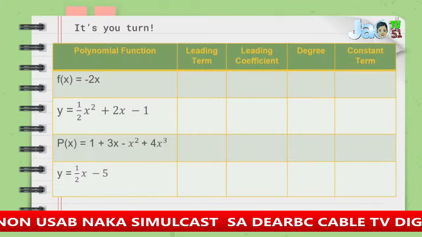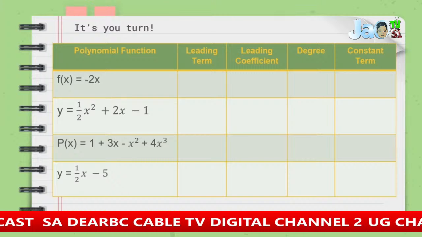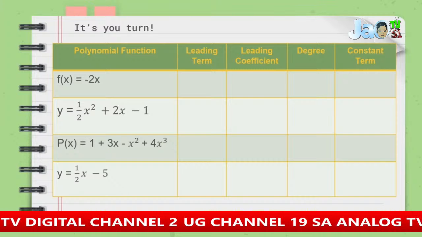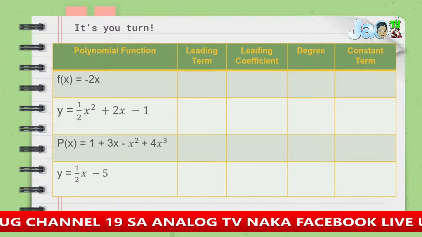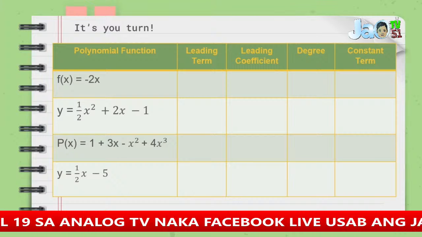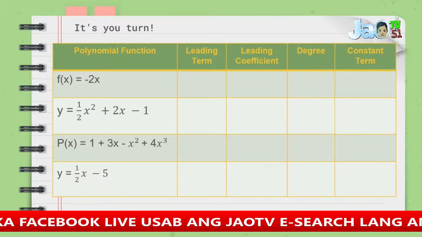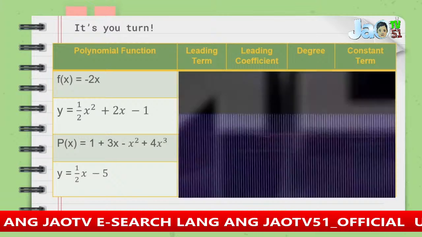Now, it's your turn to find the leading term, leading coefficient, degree, and constant term of the function. I will give you 5 seconds for each polynomial. The first polynomial is f of x equals negative 2x.